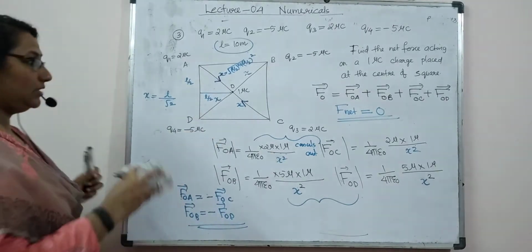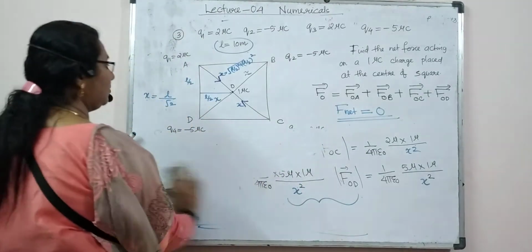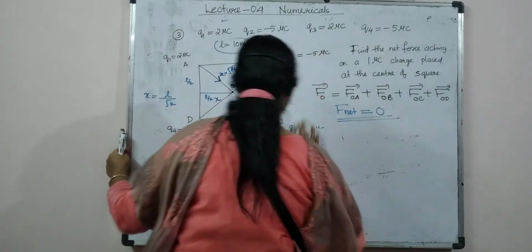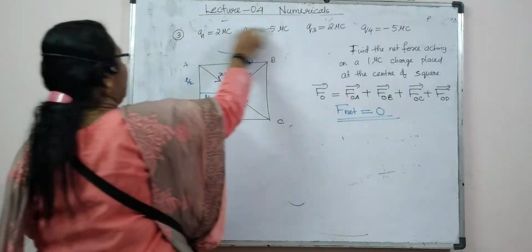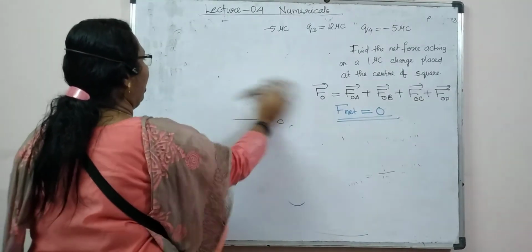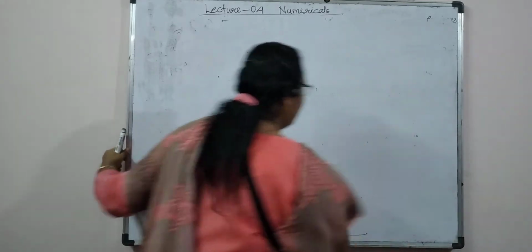And suppose in the same question, pause it and copy it. Suppose in the same question, if the positions of the charges are changed like this. Okay, I am removing, I will rub all of the board.